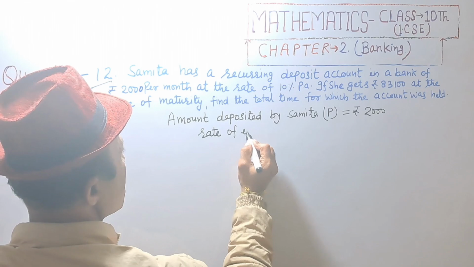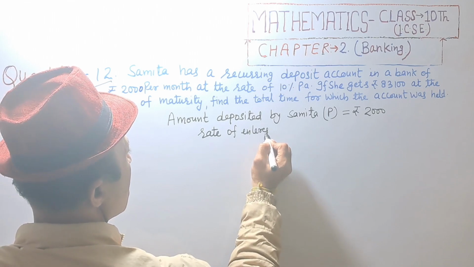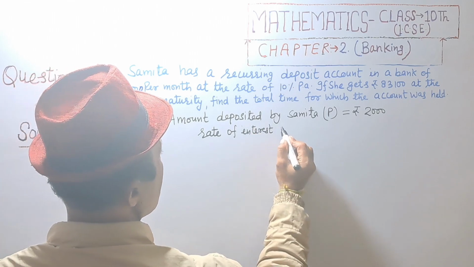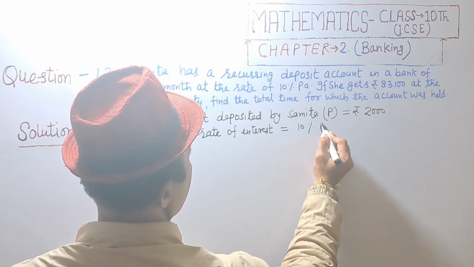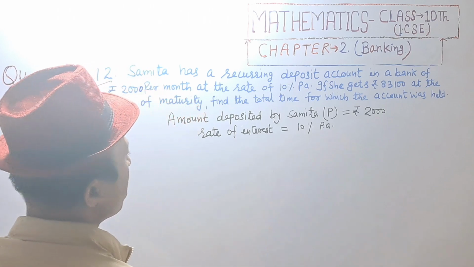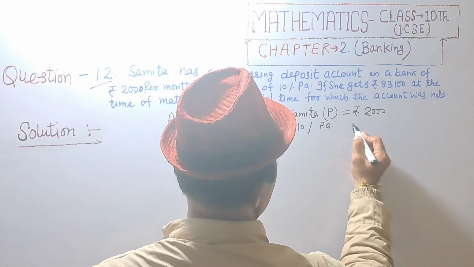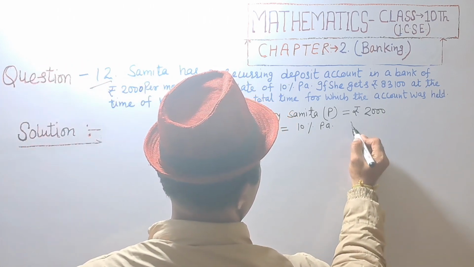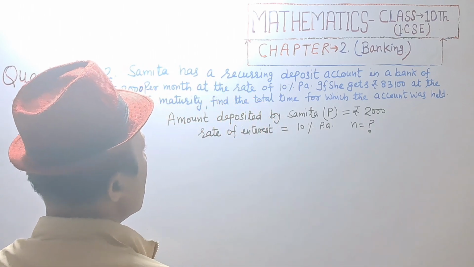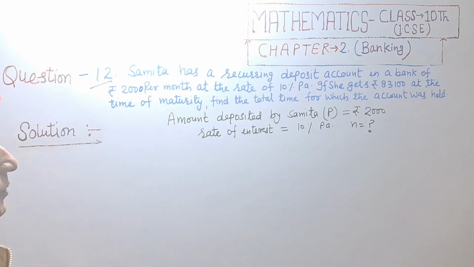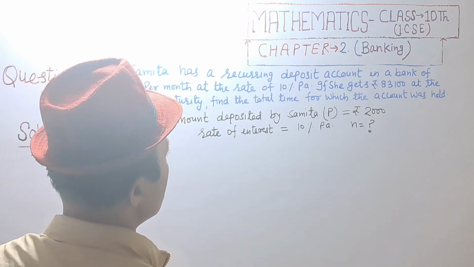Rate of interest is equal to 10% per annum. Time period N is equal to, find the total time, we want to find.